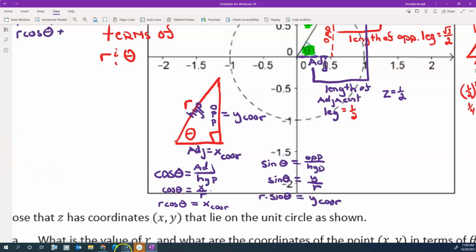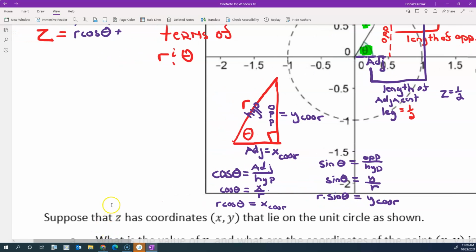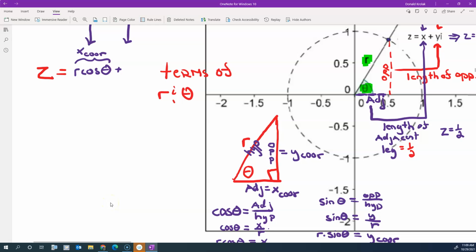So you can figure out what your Y coordinate is by knowing the angle and the radius. Okay, so this is going to be R sine theta.